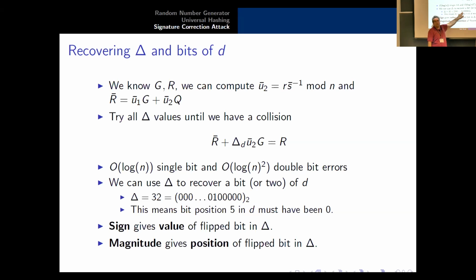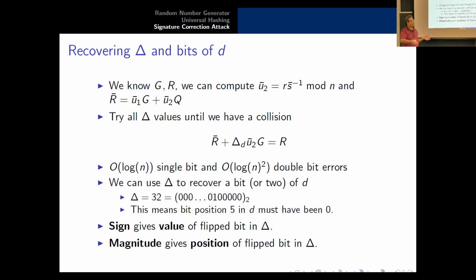Because we're only able to flip, it must have come from a 0 value. If it was 1, it would either stay 1 or go back to 0. But it's a positive delta, right? So for the delta, if we take the magnitude, here 32, and take the log of it, it tells us the location. And the sign of delta tells us the direction, whether it went from 0 to 1 or 1 to 0.